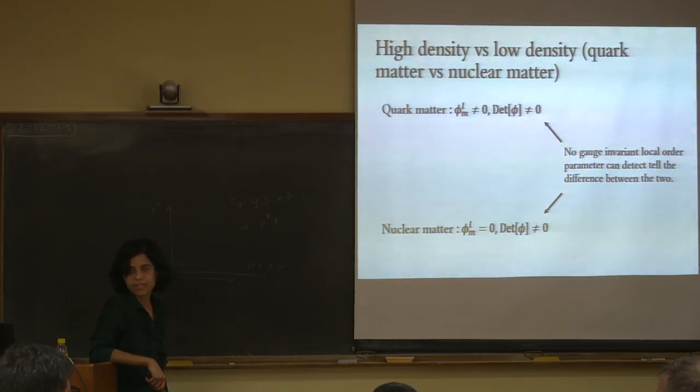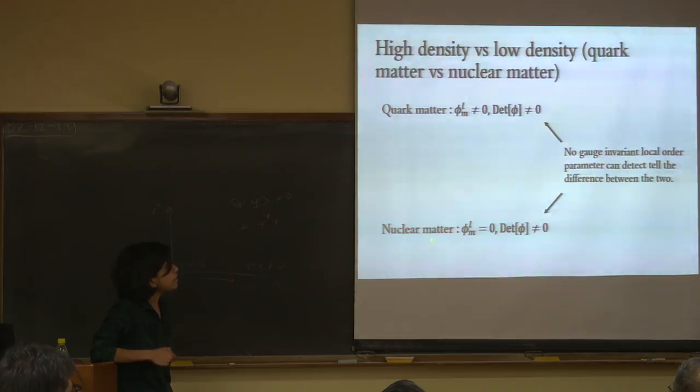Yes, yes, yes. So this is what happens. On the nuclear matter side, you have pairing of baryons, which translates into the determinant of phi being non-zero, okay? But remember that on the nuclear matter side, you can't do a controlled calculation, but there is good enough reason to think that this is what happens, that there is pairing of baryons, okay?